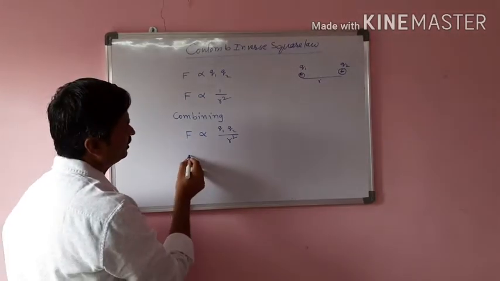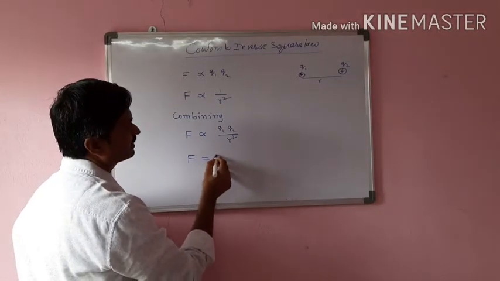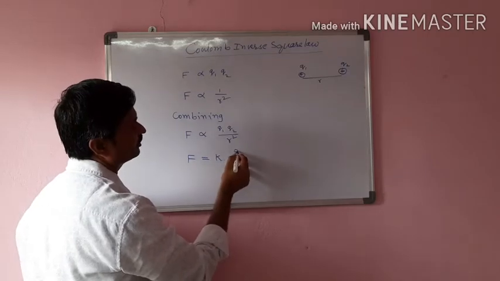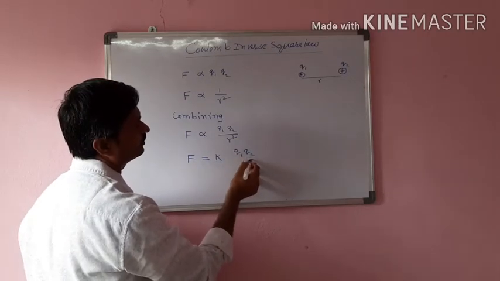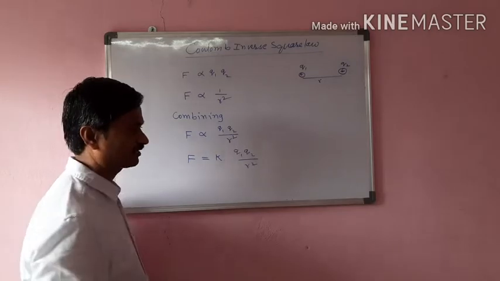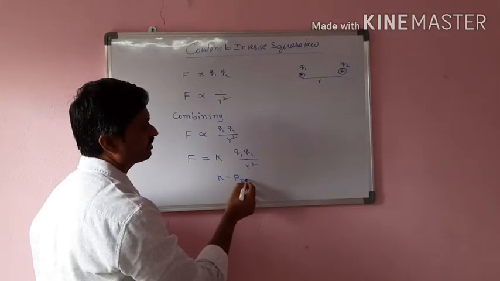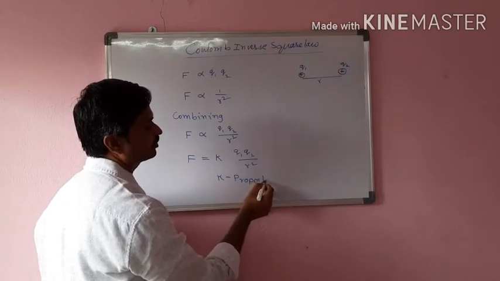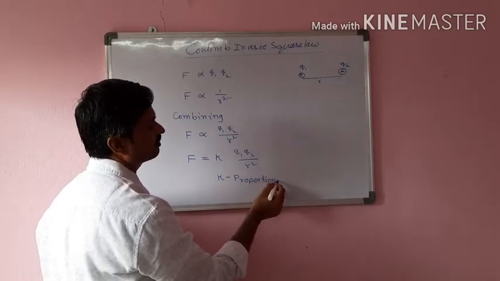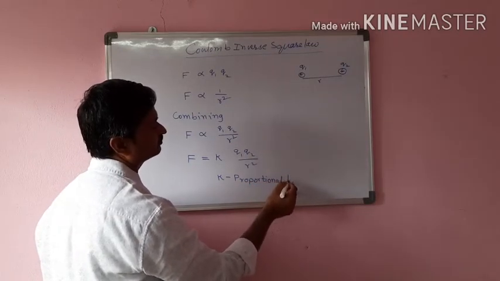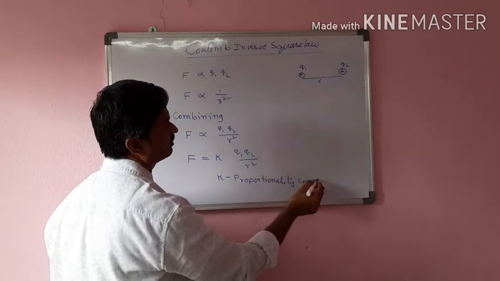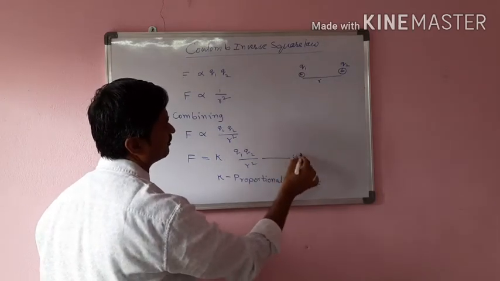Now, F is equal to, let us say, some constant K into Q1 Q2 divided by R square. Here K is called the proportionality constant, and say this is equation number 1.